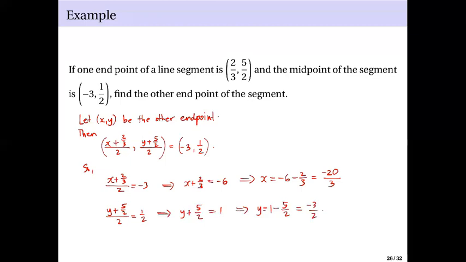So conclusion, the other endpoint is (-20/3, -3/2). Okay?